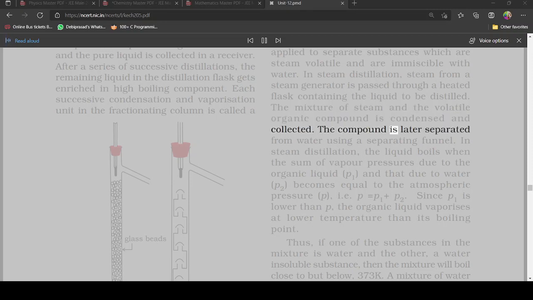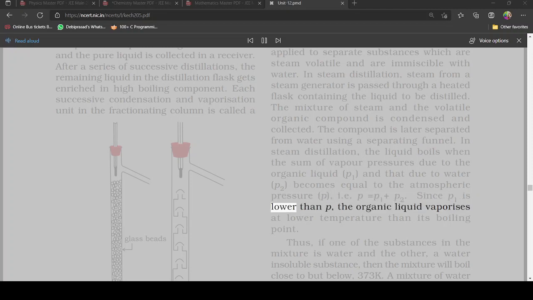The compound is later separated from water using a separating funnel. In steam distillation, the liquid boils when the sum of vapor pressures due to the organic liquid, P1, and that due to water, P2, becomes equal to the atmospheric pressure, P. P is equal to P1 plus P2.